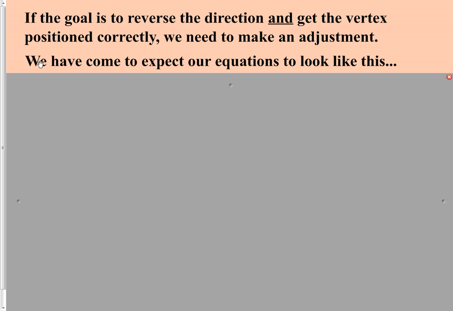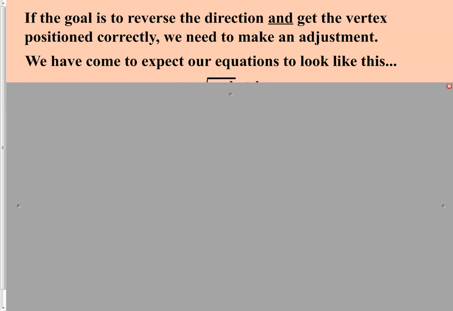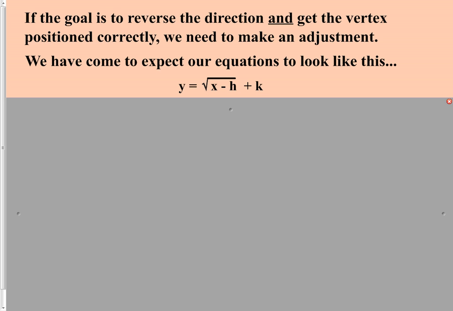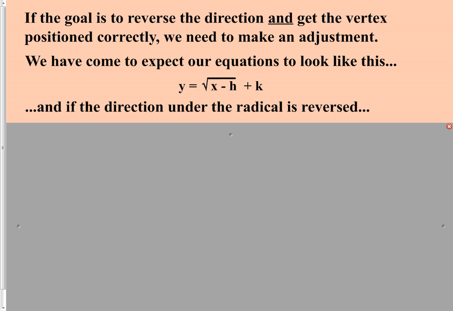Step by step, we have come to expect our equations to follow this format: y equals the square root of x minus h, plus k. However, we have discovered the need to be able to reverse the direction of the variable underneath the radical.